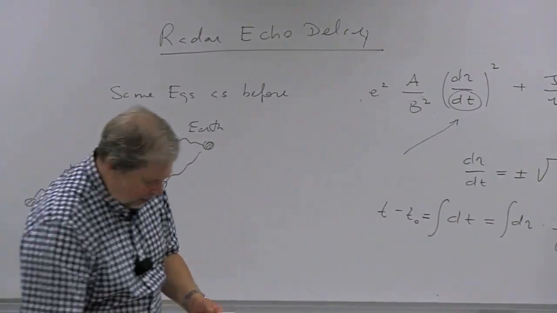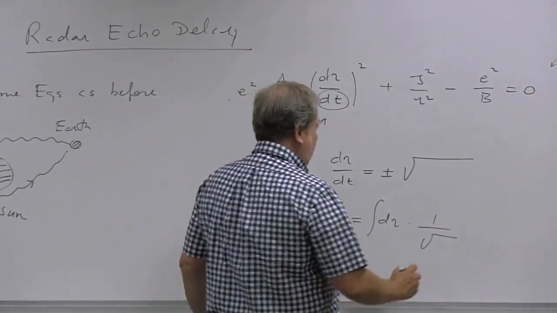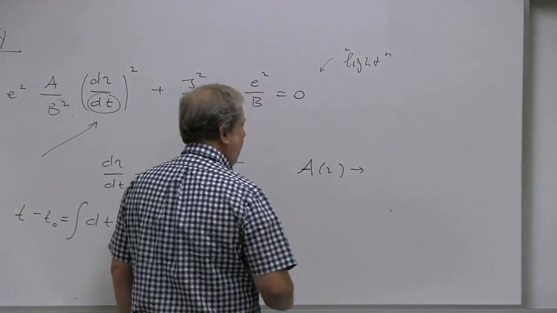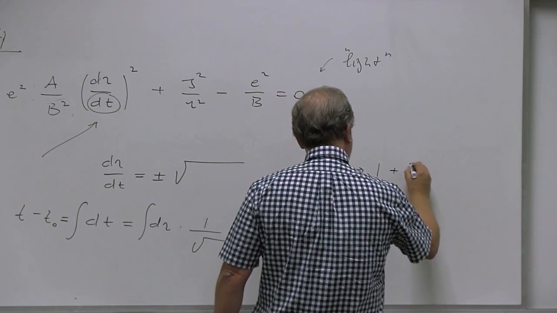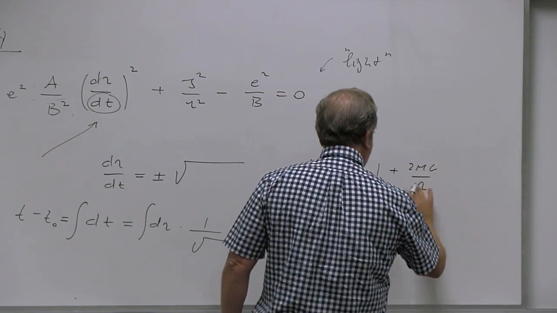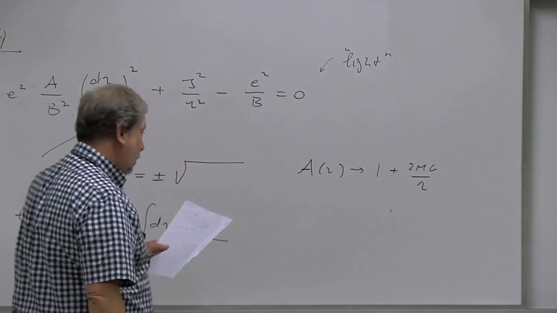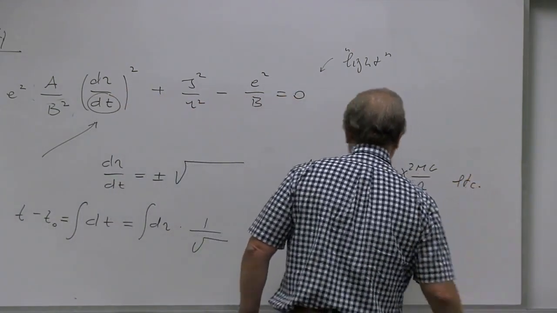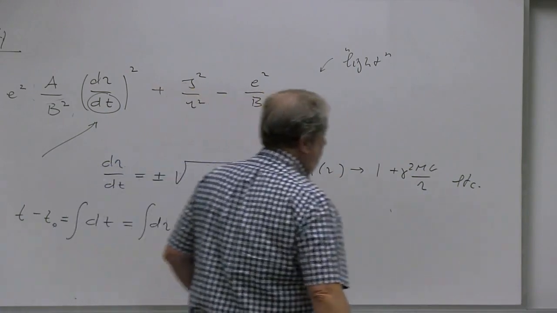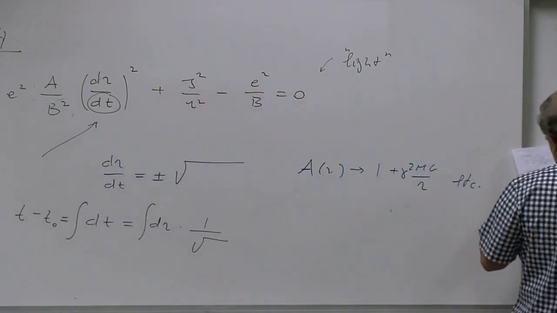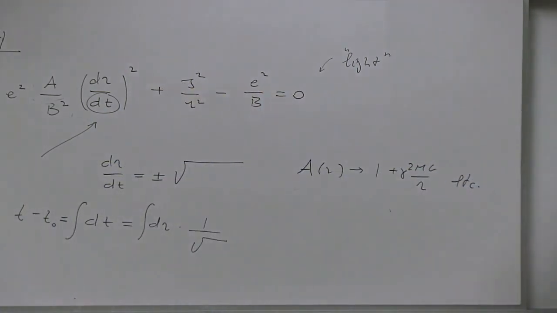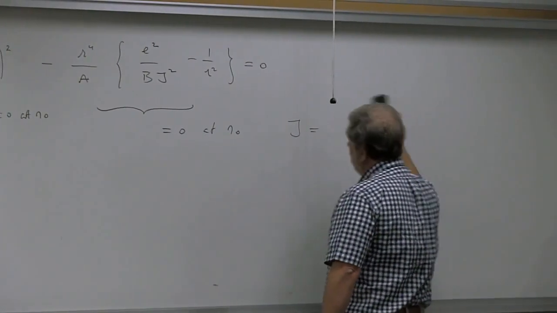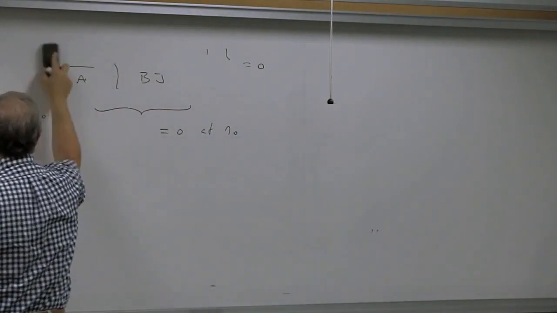Let me skip the details. Of course, a of r is going to be replaced by 1 plus 2 mg over r, or whatever comes out of the Robertson expansion, which would have this gamma, etc. The answer, and you can read a little bit more about it in Weinberg, is a couple of lines where we write out the integral and calculate it in this weak field limit.